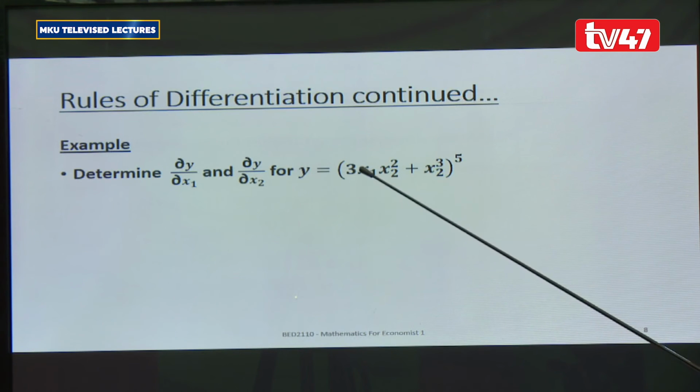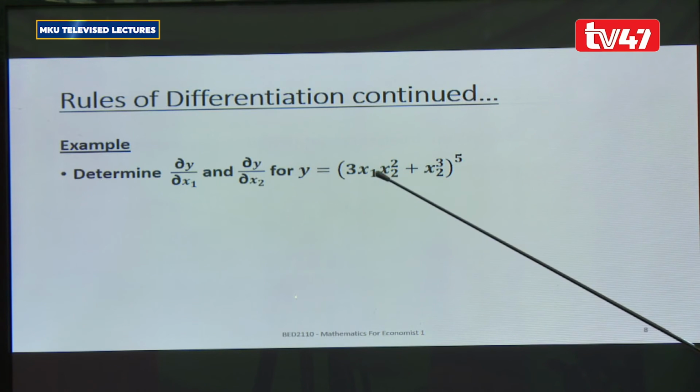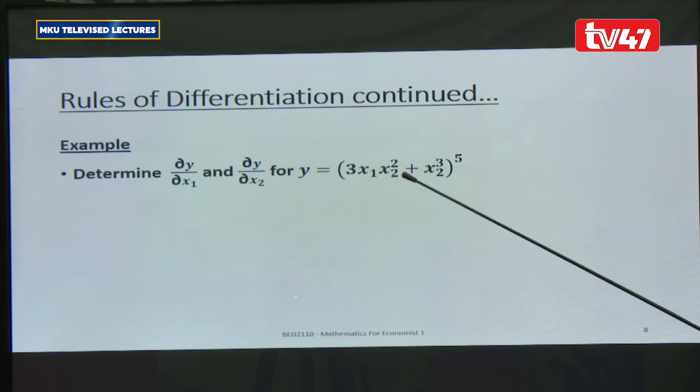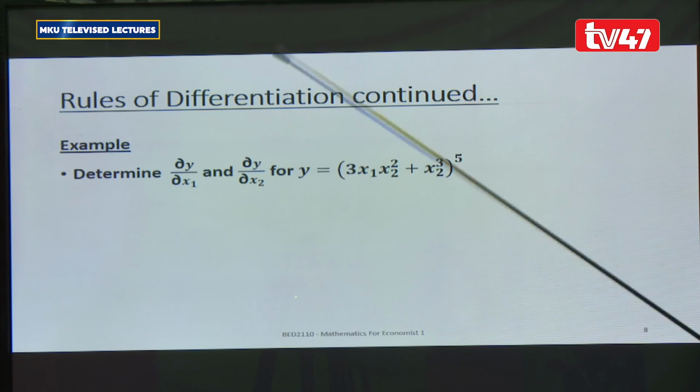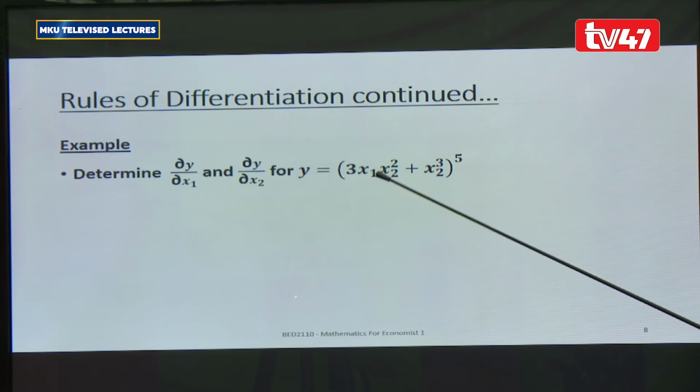We differentiate this function here with respect to x1, and the outer function y equals u raised to power 5, we differentiate it with respect to u, and this is how we shall calculate it.